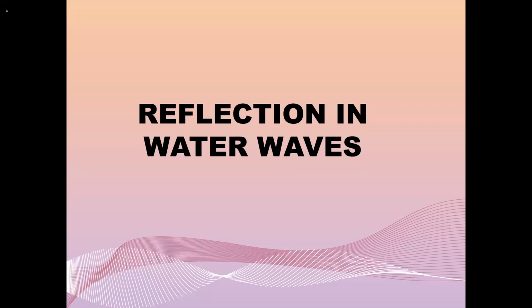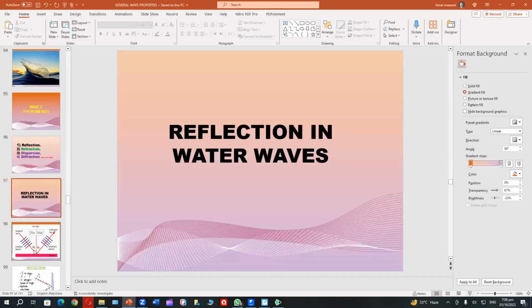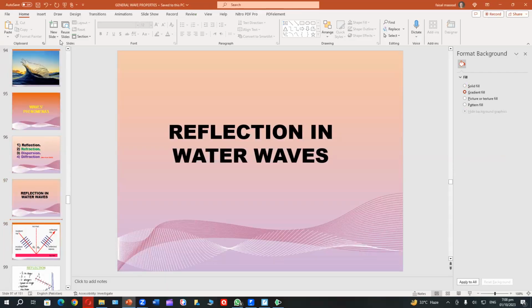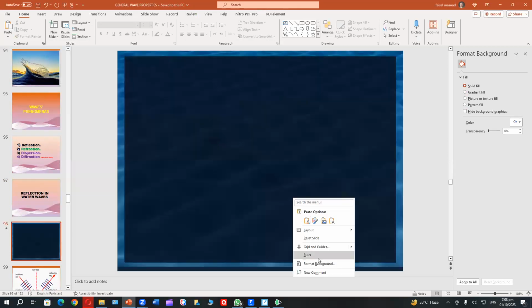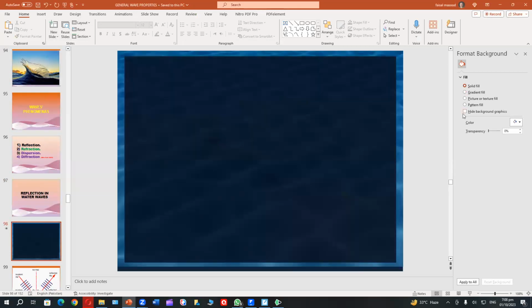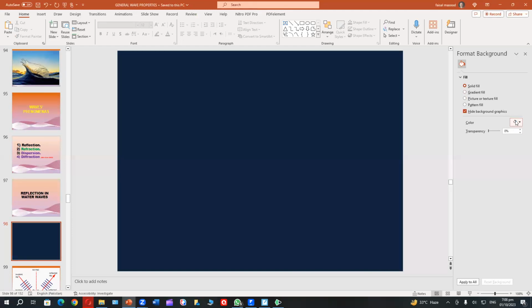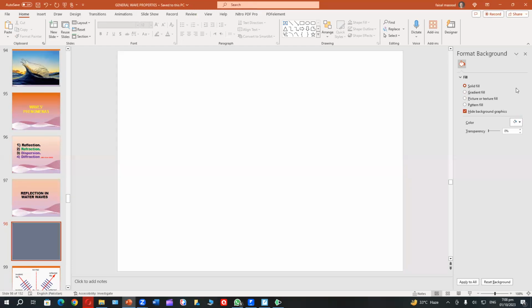When waves strike a plane surface, they rebound in the same medium. This is called reflection. You must have seen water striking a surface and going back. It's a reflection. Water does it commonly. Water is expert in these things. Water strikes a surface and rebounds.